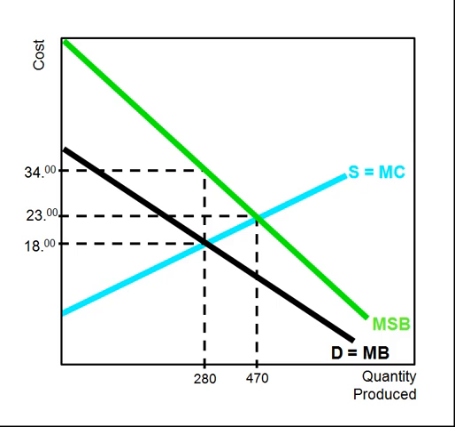All right, so this is very different from Parkin and Bade's treatment of a positive externality, where we see as more of the good or service is produced, the amount of the positive externality is actually decreasing.